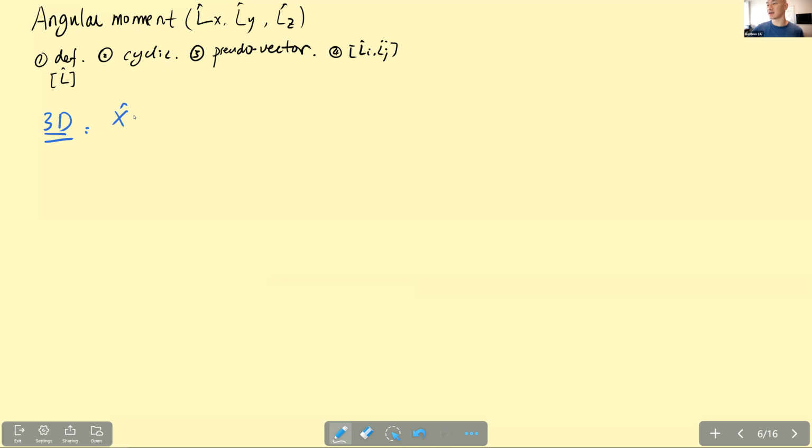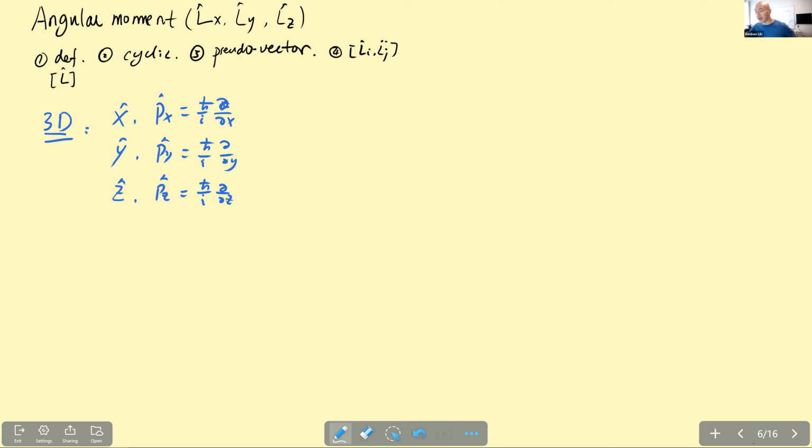You can have x and px. Now it's just h bar over i partial over partial x, and y, of course, and py equals h bar over i partial over partial y, and z and pz equals h bar over i partial over partial z.